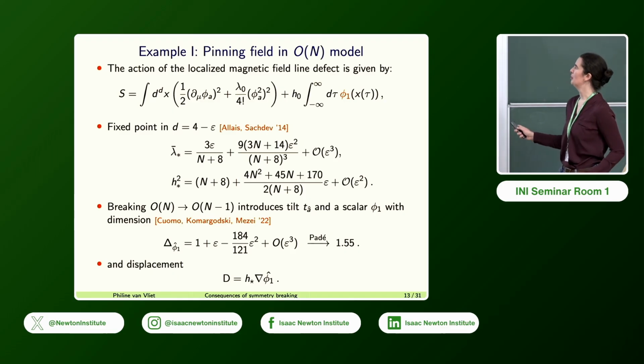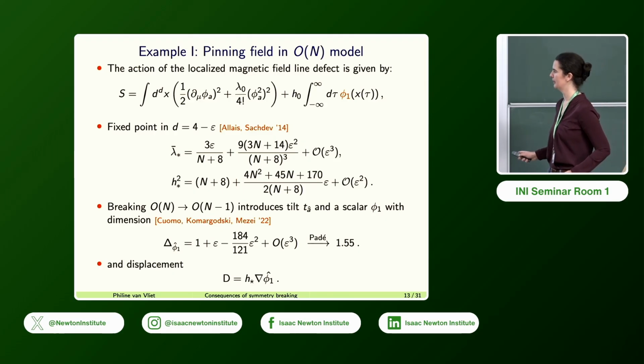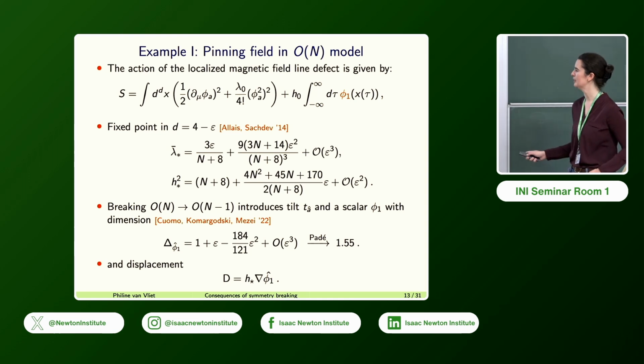So you can see that by picking out this one scalar, we indeed break O(N) to O(N-1), so we have a tilt, and we're also going to have some scalar defect operator phi_1, and its dimension was computed up to order epsilon squared. And in this model, the displacement is given by the transverse derivative of this scalar phi_1.